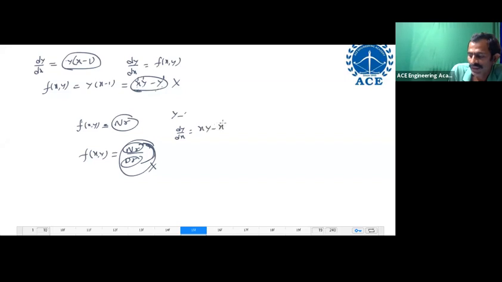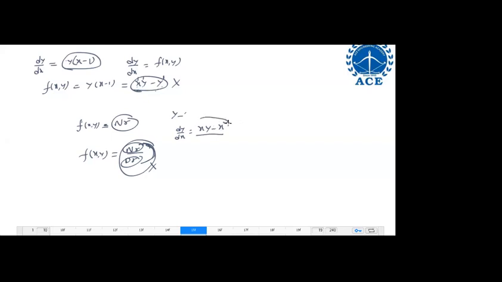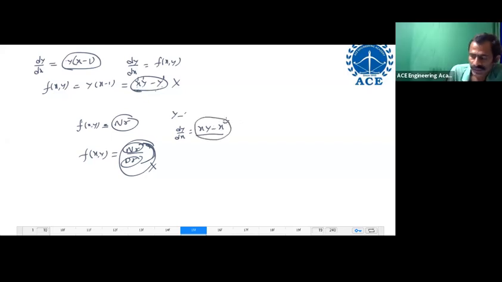Is it your function? Yes, sir. This is a homogeneous function with degree 2. In every term the power of the variables is the same. What is the power here? 2. It is a homogeneous function with degree 2 only.